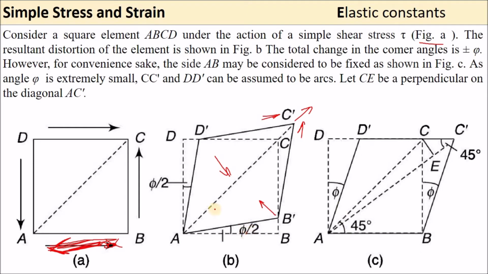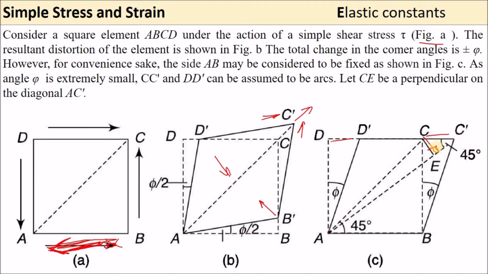So here phi by 2, phi by 2, so here we can write phi. Phi is very small, so this will be 1 and this will be 1, both will be equal. And CE we draw perpendicular to AC dash.